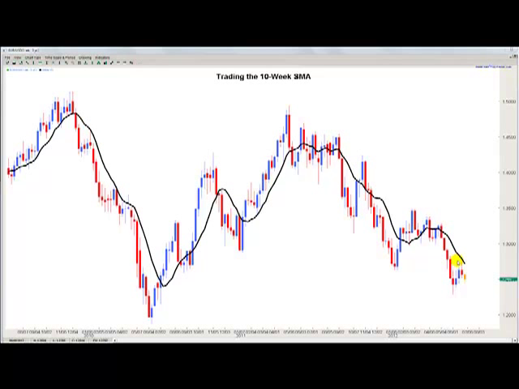It's about having an edge, and there's several times throughout the years that I've talked about having a statistical edge in your trading, because sometimes people will give up on a system if they have a couple of losers in the short term.